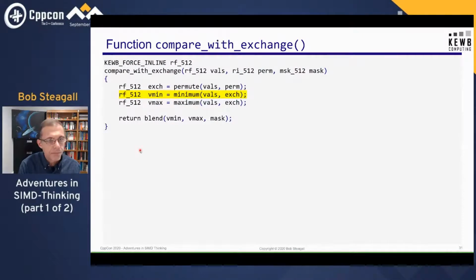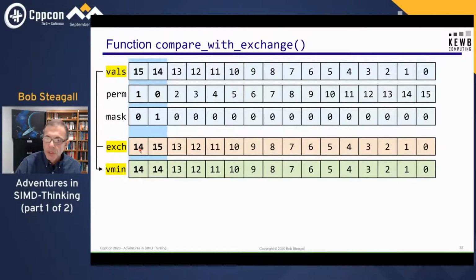Now I'm going to compute the minimum. I look at vals and exchange and compute the minimum. In both cases, the number 14 is the minimum. It's the minimum in this lane and it's the minimum in this lane, and it has to be the same in both lanes if you think about it.